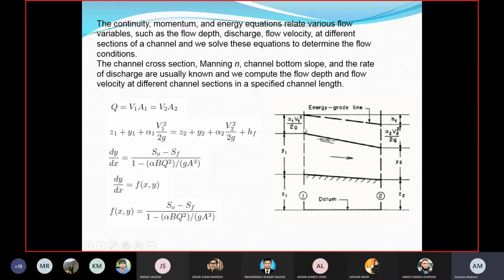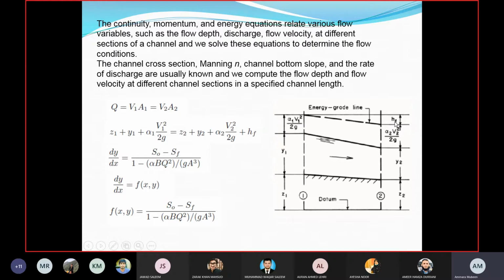Section 1 energy is Z1 plus Y1 plus V1 square over 2g, and at section 2 it would be Z2 plus Y2 plus V2 square over 2g. This is the energy at section 2, but the energy at section 2 would be less than the energy at section 1 due to the head losses in a real fluid flow scenario.